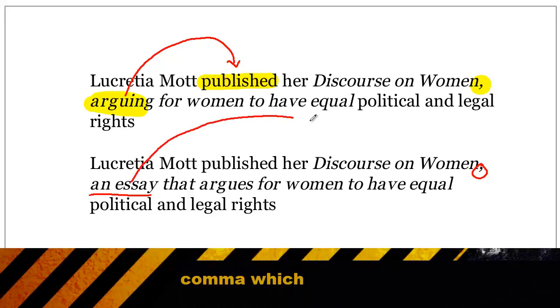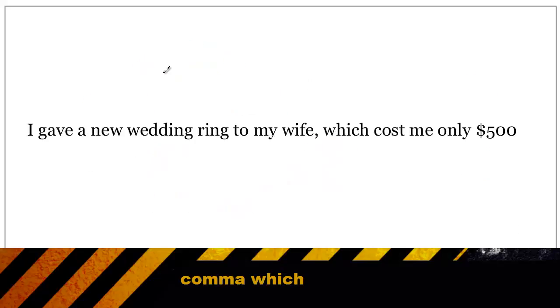So the essay is describing what came immediately before the comma, which in this case is the discourse on women, and it's in capitals, so we can assume it's the title. And that would make sense. The discourse on women is an essay. That's a correct modifier.